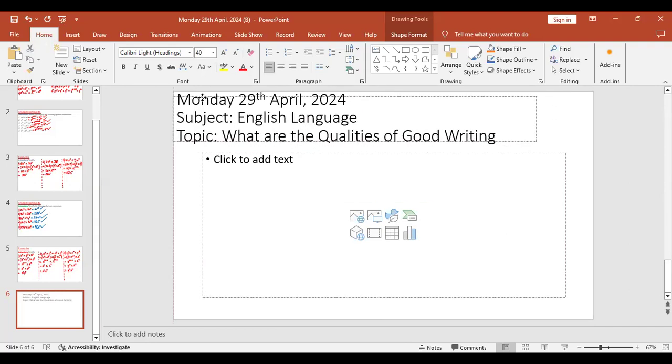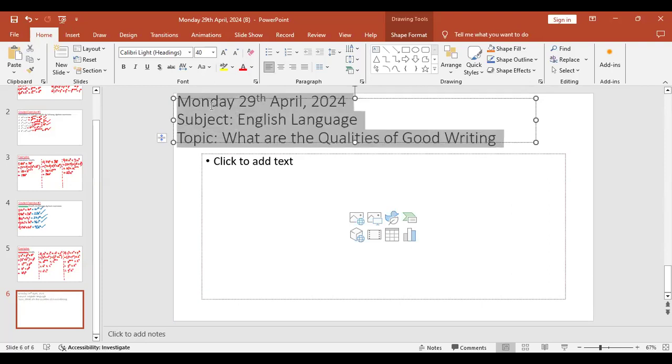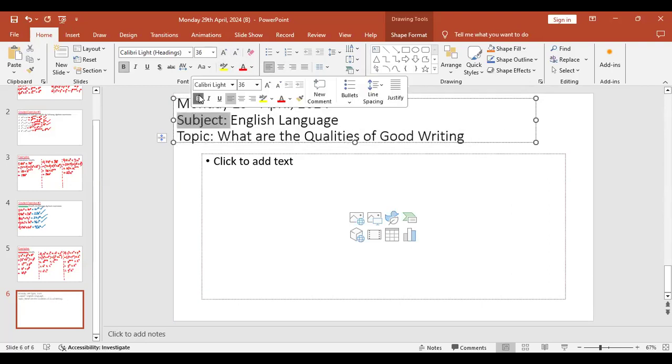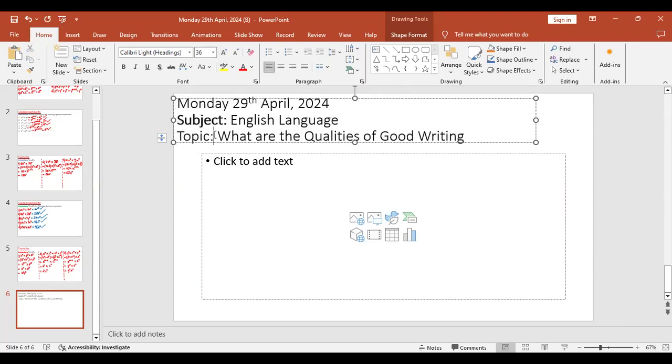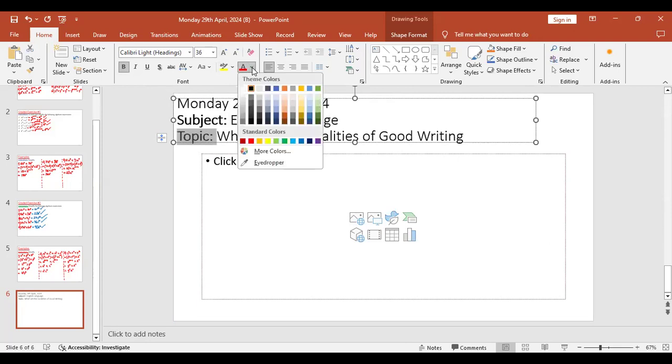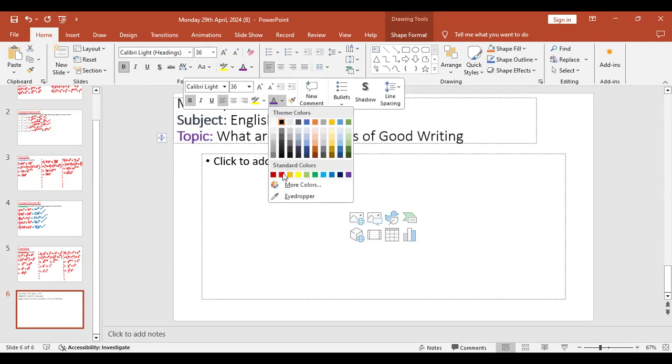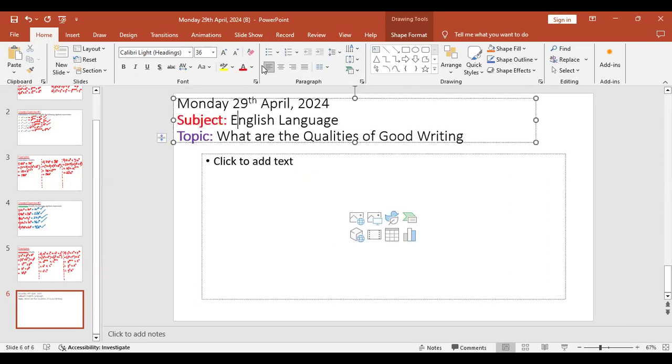So Malik, if you were to write an essay, what are some of the qualities of good writing? What would make your writing a good, great or excellent writing piece? Malik?